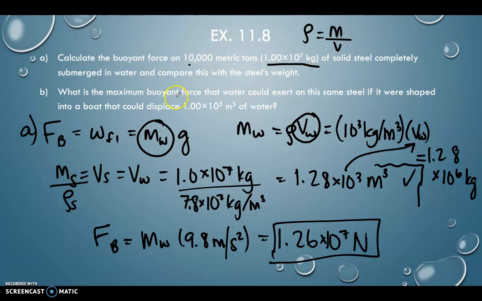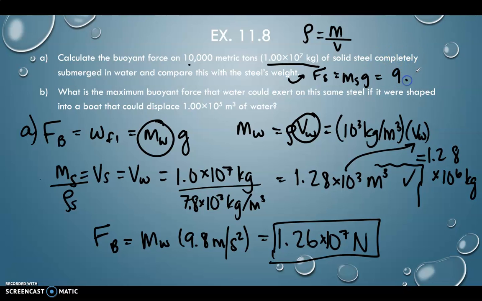Now, if we want to compare that to our steel's weight, F steel is going to be our mass of the steel, which was given as 1 times 10 to the 7th, times our gravity. So mass of steel times gravity.